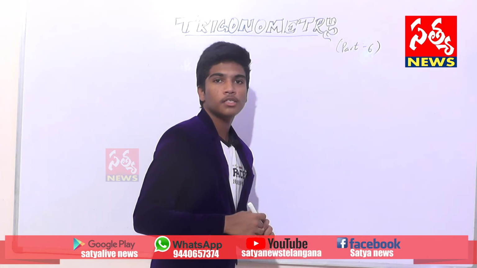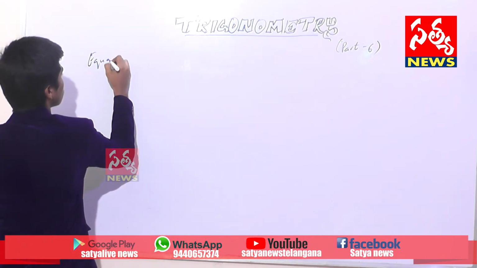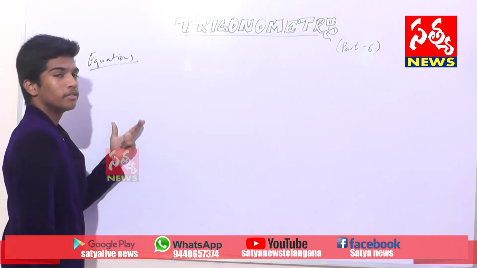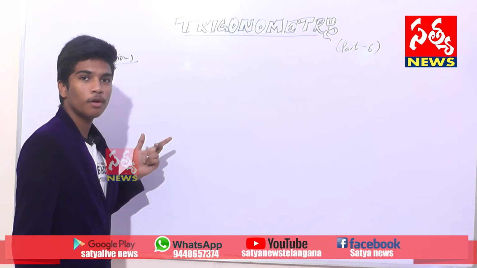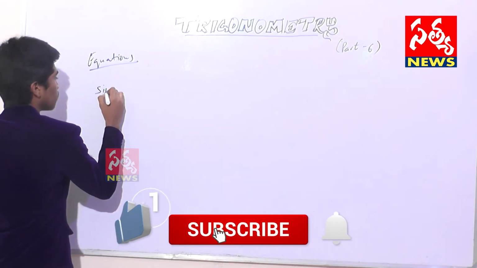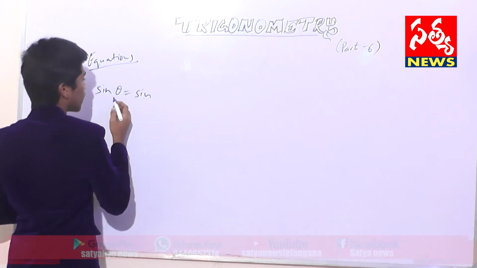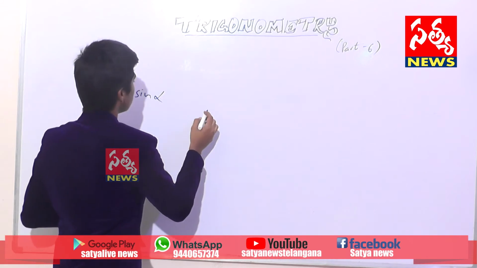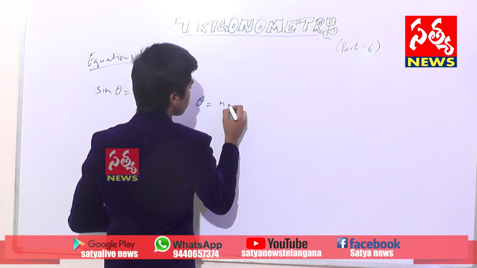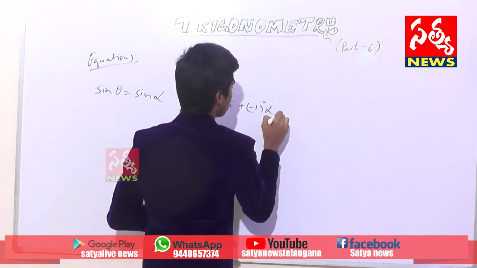And next we will discuss trigonometric equations. There are some conditions you have to remember for solving trigonometric equations. Let's see them. If sin theta is equal to sin alpha, then theta is equal to n pi plus minus 1 whole power n alpha.